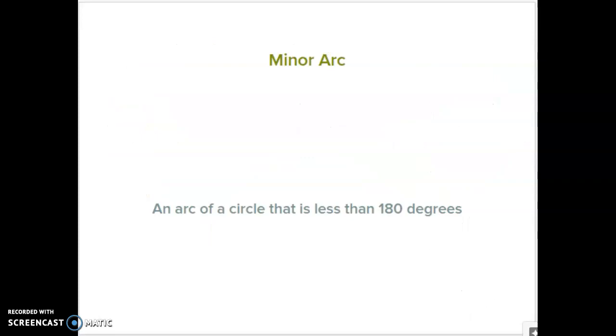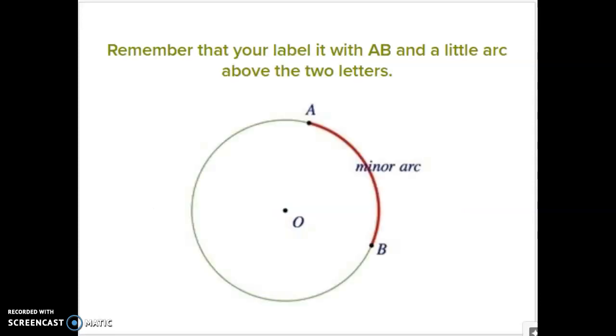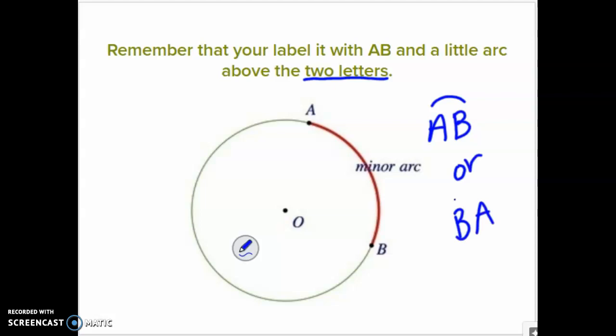Minor arcs are less than 180 degrees, so they're the small ones that are less than the semicircle. So for example here we have arc AB. Minor arcs only have to be labeled with two letters. So as you're drawing this picture, also write down AB like this, or you could label it BA.